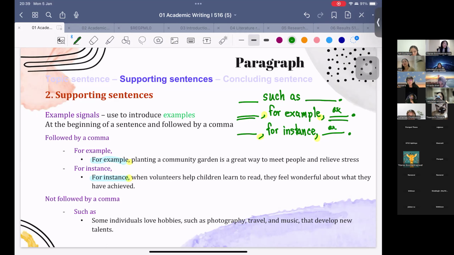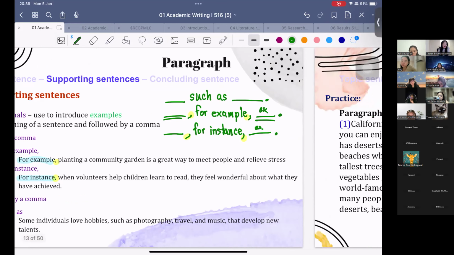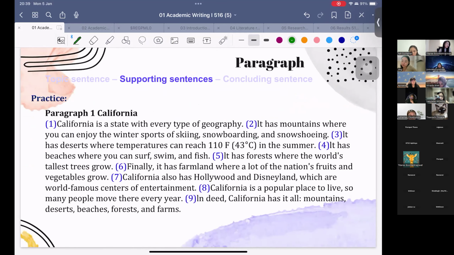Okay. So let's skip that. This one would be another take-home exercise, take-home practice for you to do. This is a full version of a paragraph. It's composed of topic sentence, supporting sentence, concluding sentence, everything here. With this practice, I want you to identify the unrelated sentence details.